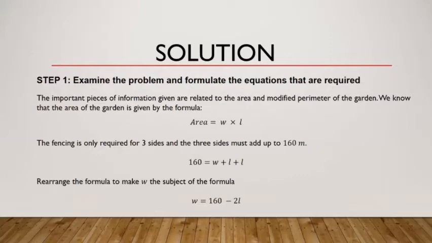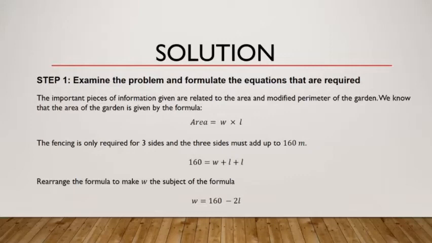Step 1. We need to examine the problem and formulate the equations that are required. The important pieces of information given are related to the area and modified perimeter of the garden. We know that the area of the garden is given by the formula area equals width times length.